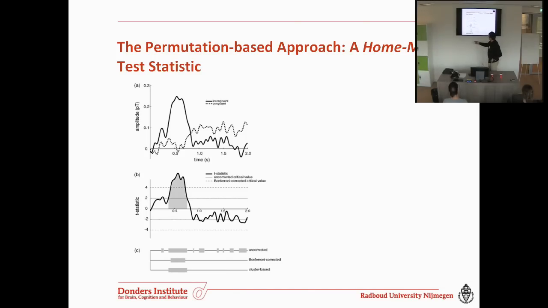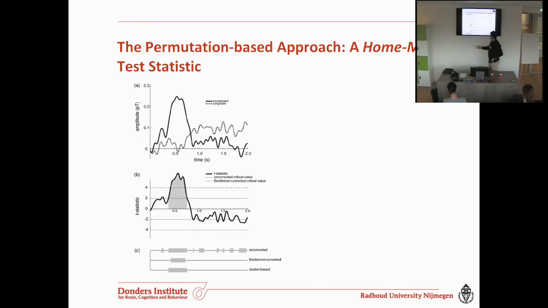Here we thresholded at 1.96. You could have taken any number, 2 or 2.5. It doesn't really matter for the statistical properties of the eventual permutation test. You just need some threshold to identify time windows where there is evidence against the null hypothesis. I have depicted all these time windows here, where the t-statistic exceeds the critical value in either direction.